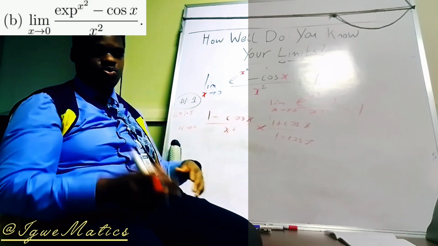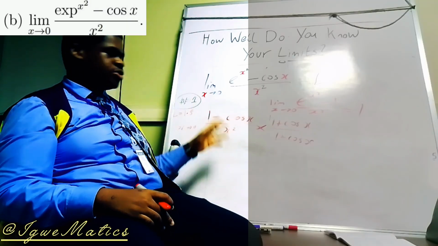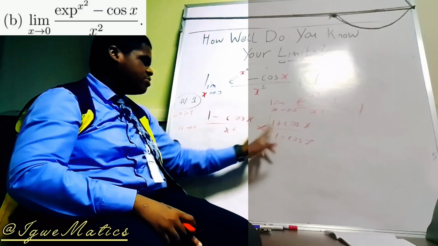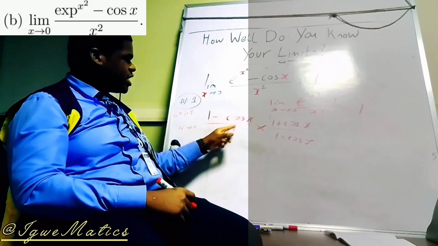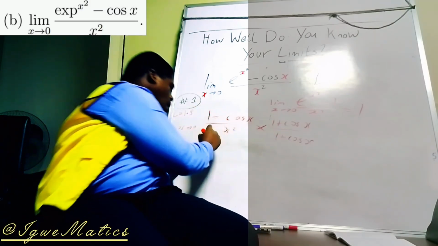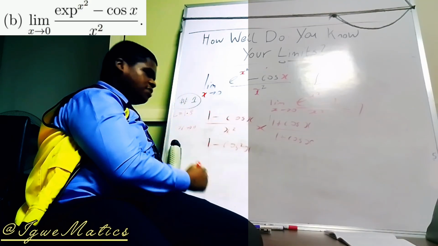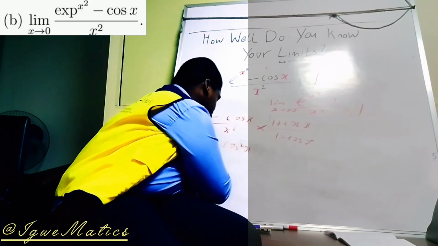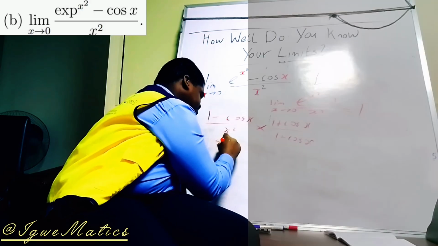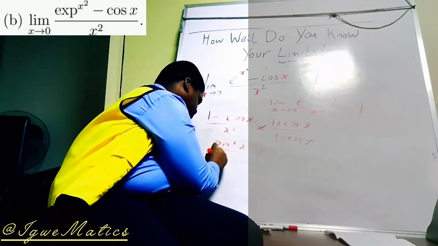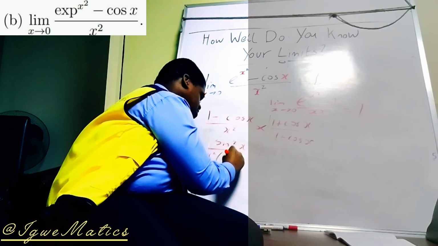If you have minus, you change to plus; if you have plus, you change to minus, then multiply both the numerator and denominator. So I'm multiplying the numerator by 1 plus cos x, and the denominator by 1 plus cos x. So 1 minus cos x times 1 plus cos x will be 1 minus cos squared x. And I know some people are already shouting, is that not sine squared x? They are correct. This is all equal to sine squared x, divided by x squared in the denominator, times 1 plus cos x, which is being multiplied with it.